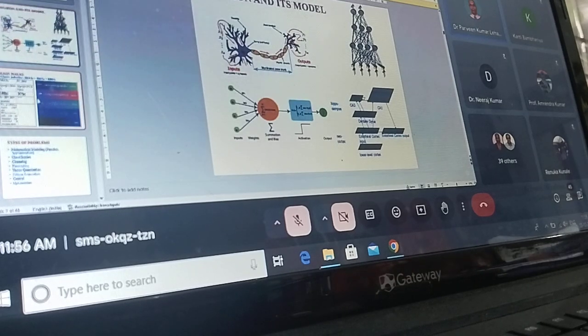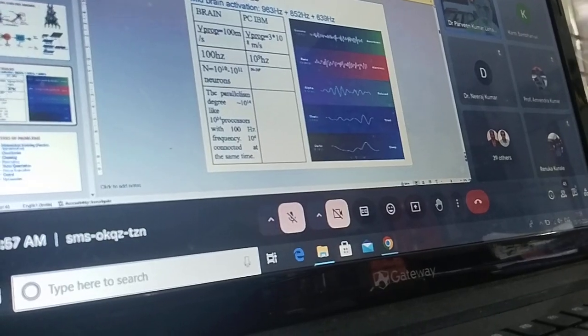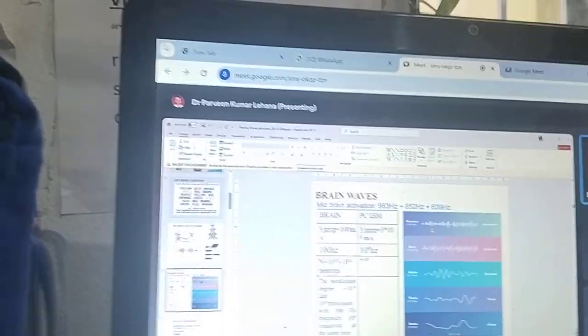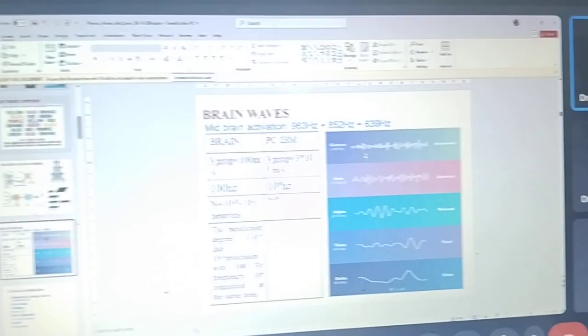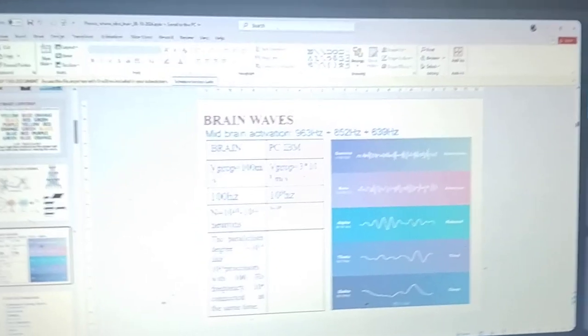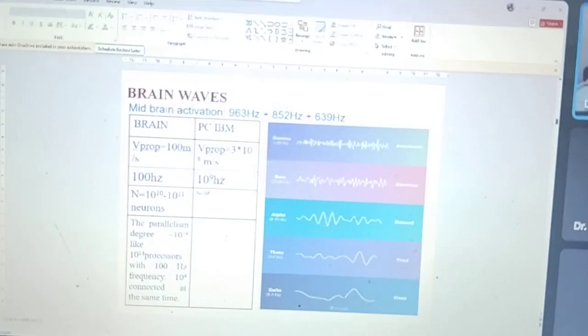In this figure, you see that in the actual brain, the size of the computational element, the neuron, is very small, in the nano range, and the voltage generated within the brain is of the order of microvolts.